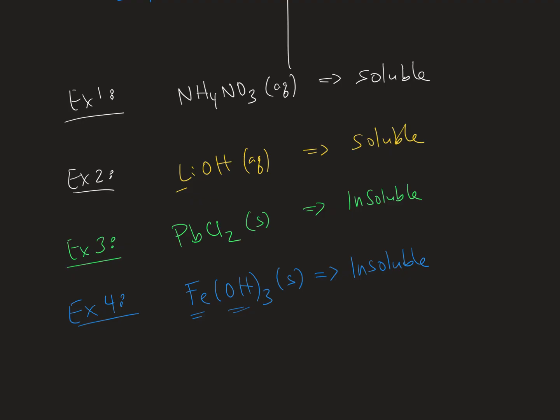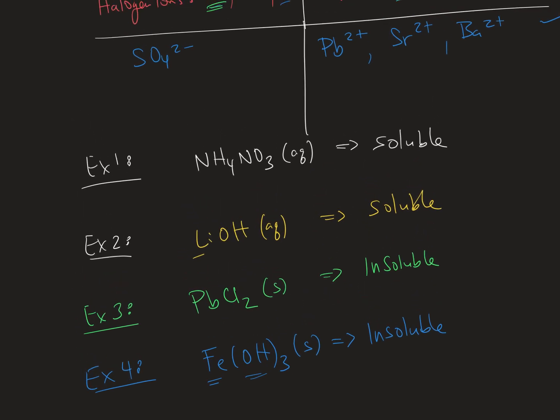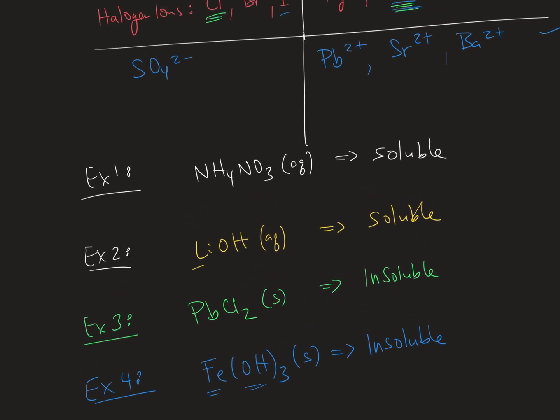Do you have any tips on how to remember that? Oh, I was going to talk about one other thing too. On the polyatomic ions, you're just going to have to remember them. There's 4 of them. But the main group elements, like the alkali metals, are the most reactive, right?